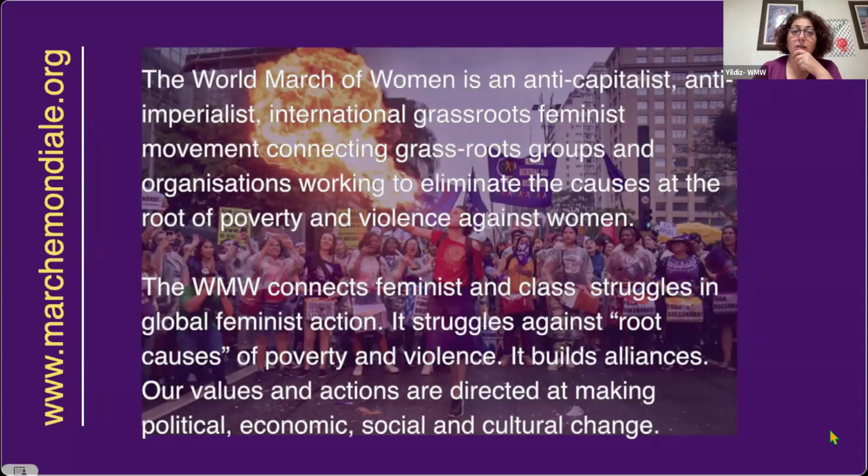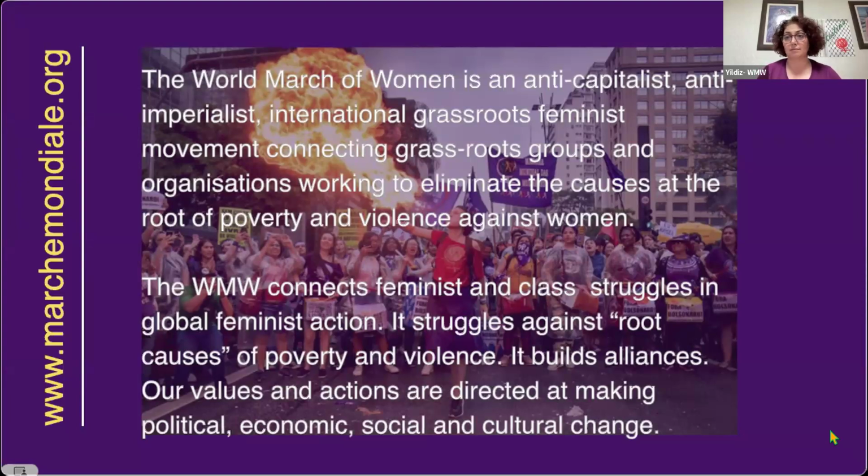So the march today identifies itself as an anti-capitalist movement, but also an international grassroots feminist movement. We connect grassroots groups struggling against poverty and violence against women.